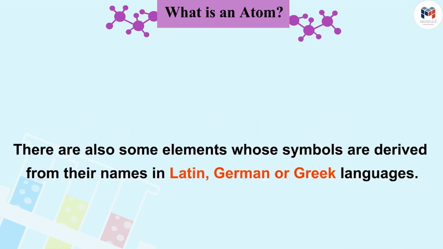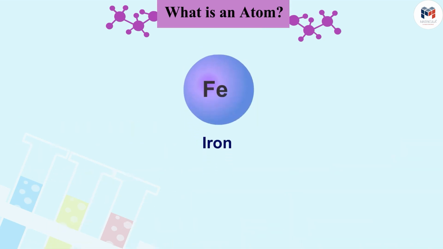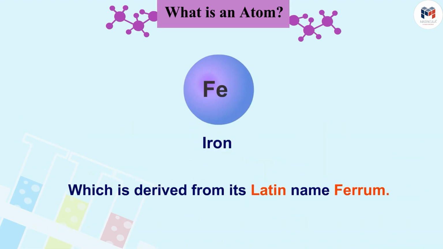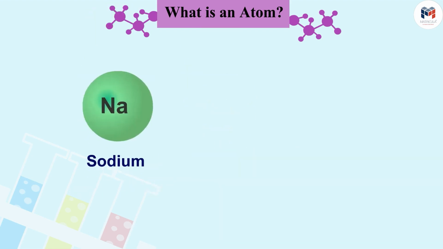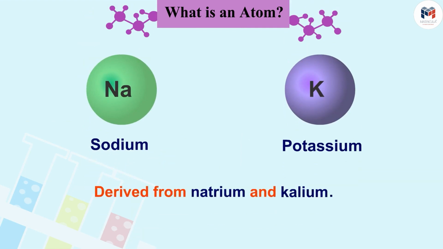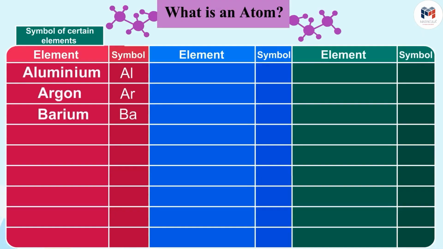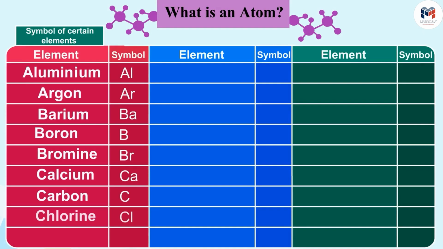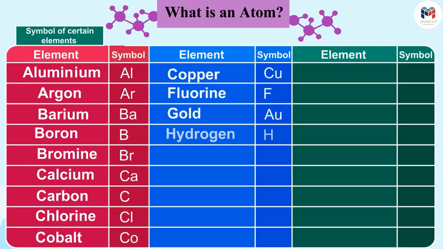For example, iron symbolizes Fe, which is derived from its Latin name, ferrum. Similarly, sodium symbol is Na and potassium symbol is K. They are derived from natrium and kalium. Thus, each element has a name and a unique chemical symbol.